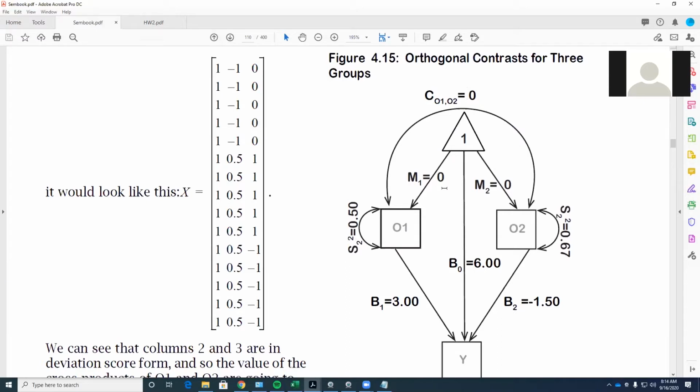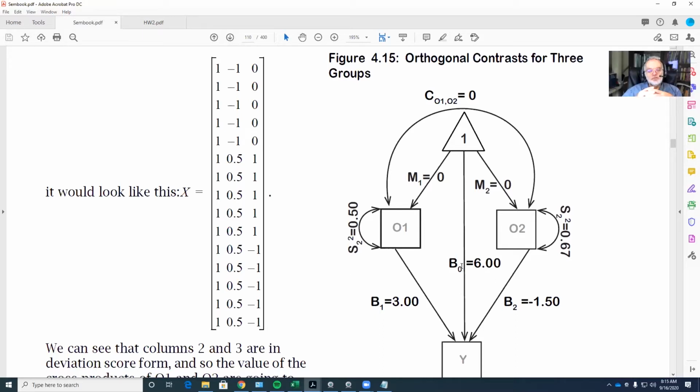Here, for example, for the X side, the first column is all ones, but for the top one, we don't have this ones column.